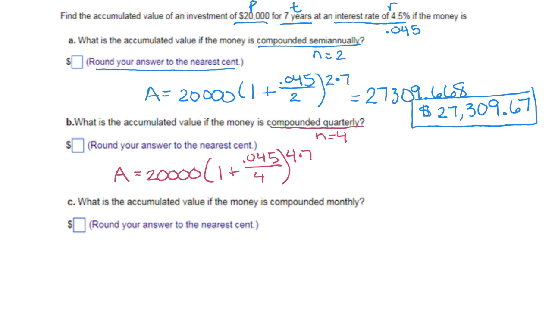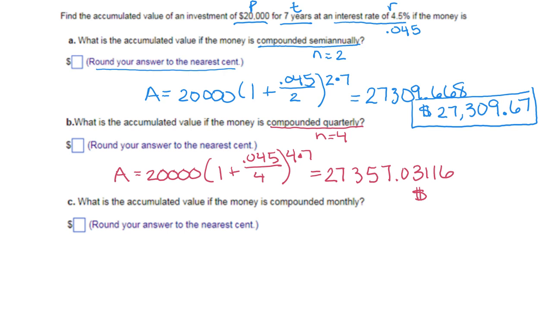So 4 times 7. Again, be very careful when you place this in your calculator. Make sure your calculator looks like the exact insert of the formulas that you have right here. So this is coming out to 27357.03116 is what it looks like.